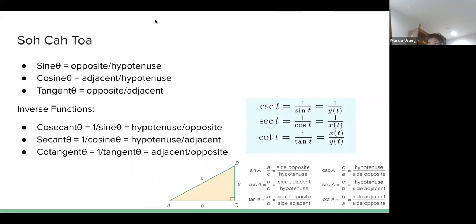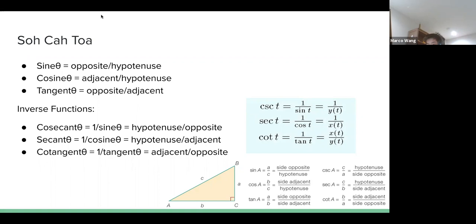So we're going to be talking about SOHCAHTOA, which is a way to remember sine, cosine, and tangent. To find the sine of a certain angle measure, you can use formulas.